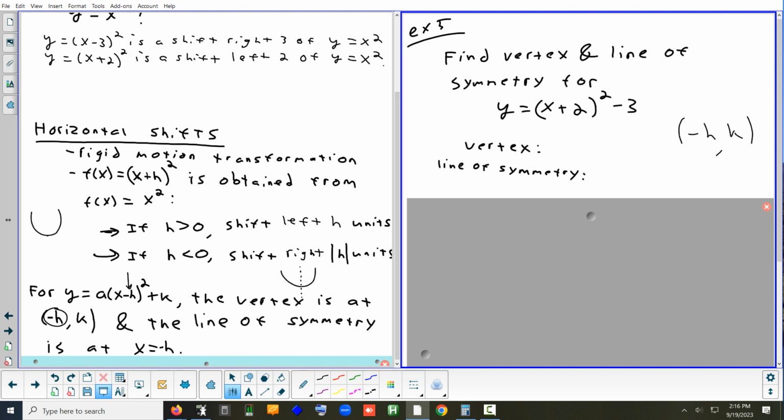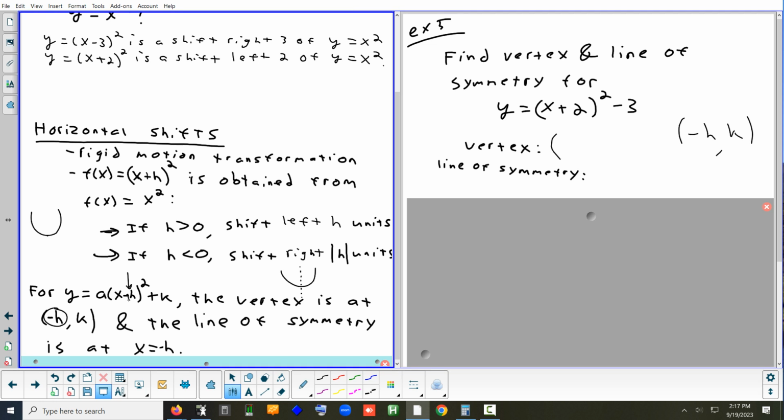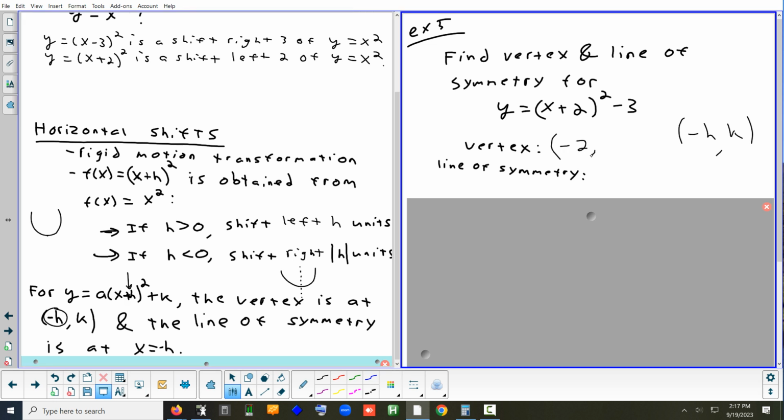So what do you think is going to be my first number for the vertex? It's the opposite of h. I meant to put a plus sign right there, so just fix that in your notes. The vertex is going to be -2, -3. Perfect. -2, opposite of h, and then k, just leave it the way it is. So the vertex is -2, -3.